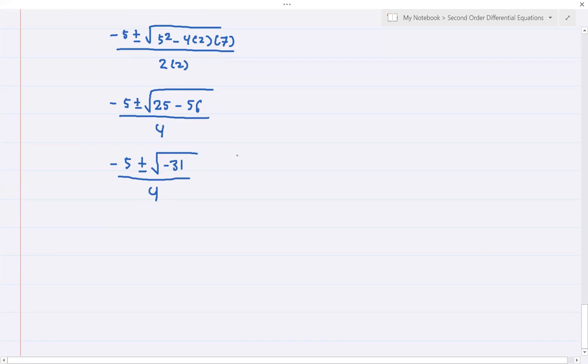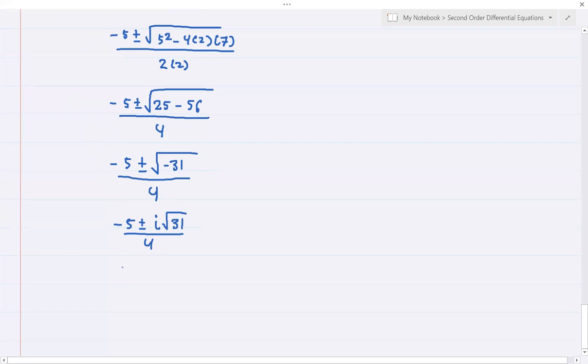We cannot simplify further since these two terms are not even divisible by the factors of 4. So therefore, we can just rewrite this as negative 5 plus or minus i times square root of 31, all over 4.